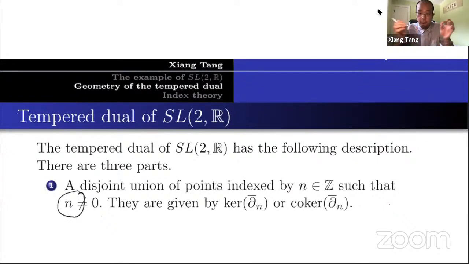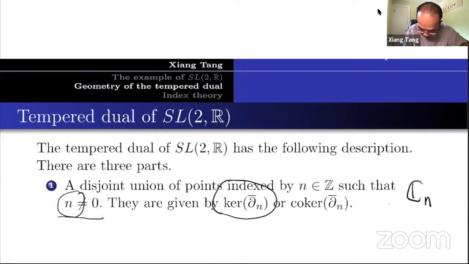So remember in my examples, we had the construction from Cn. So we have all these line bundles like the geometric quantization. Then we had all this kernel or co-kernel. And here for n not equal to 0, of all these representations, actually only one of them contributes. Not all, they cannot be non-zero simultaneously. Either this one or this one, depending on n is positive or negative. And each of them actually is a discrete series representation.